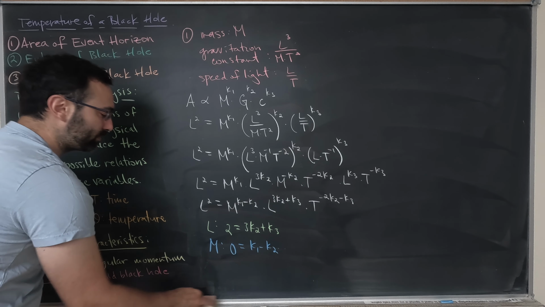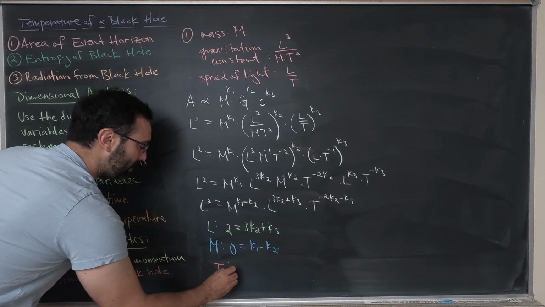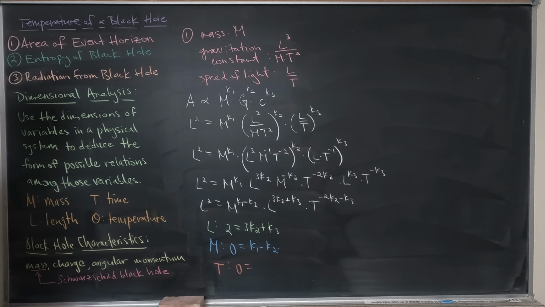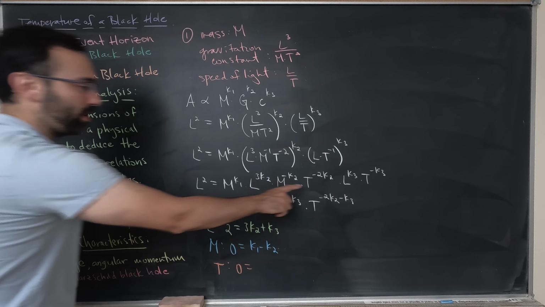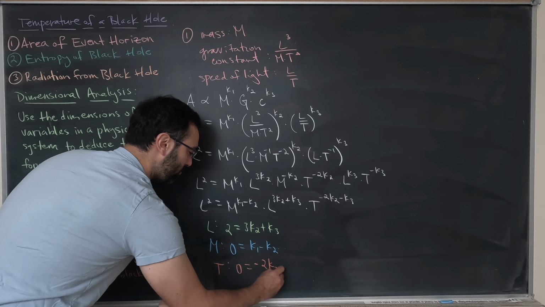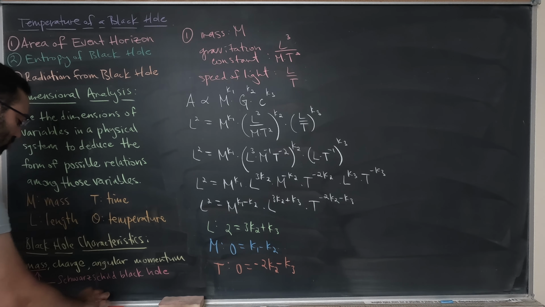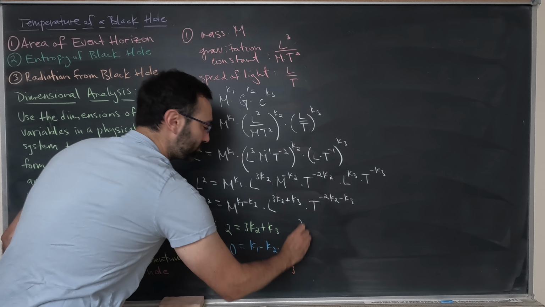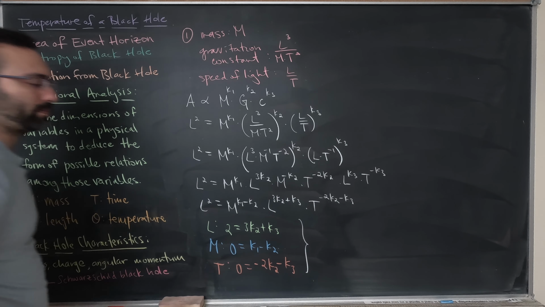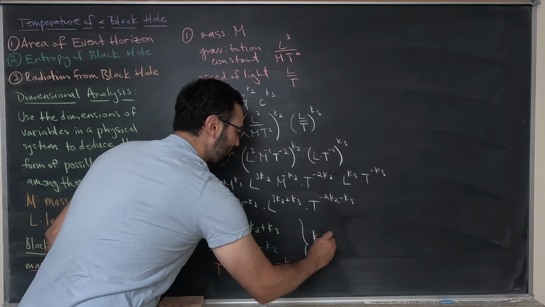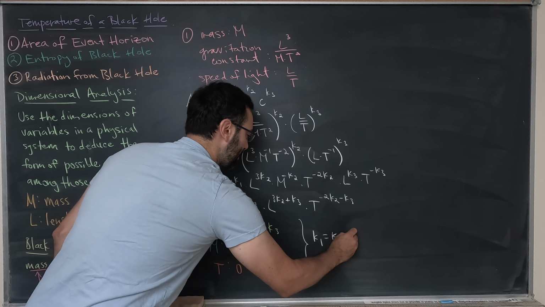And on the left, for t, time, again, the exponent we have there for t is 0. But on the right, we have negative 2k2 minus k3. So when we solve this system, we obtain the following. K1 and K2 both have a value of 2, and K3 has a value of negative 4.